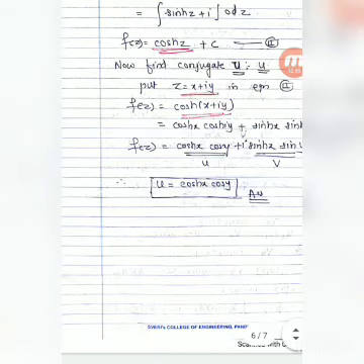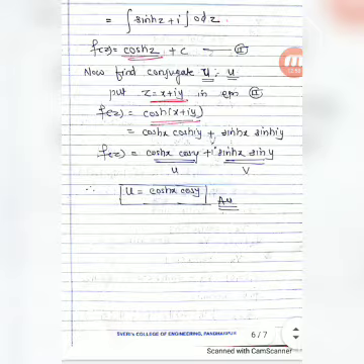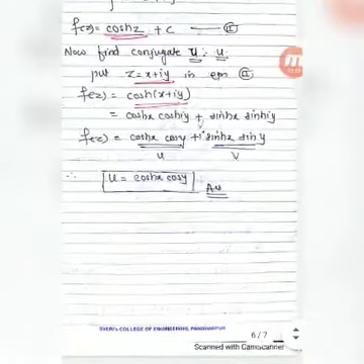Now let's try to find out its conjugate. Now in previous example u is given, therefore its conjugate will be v. Now v is given, therefore its conjugate will be u, the real part of the complex function f of z. Our usual step, that is z is equal to x plus iy, put f of z is equal to cosh of x plus iy. Use the formula of cosh of a plus b. Remember, cosh of a plus b is cosh a cosh b plus sinh a sinh b.